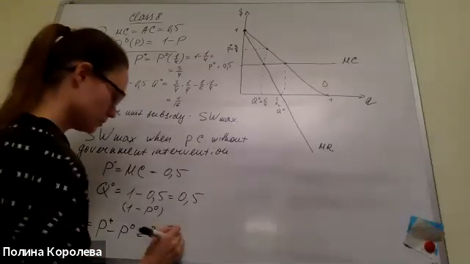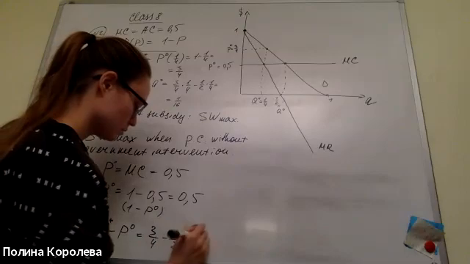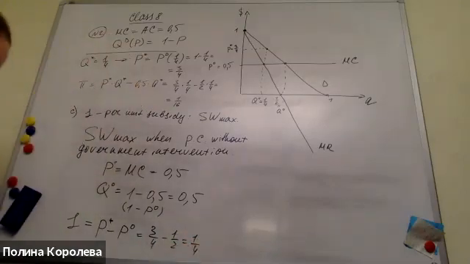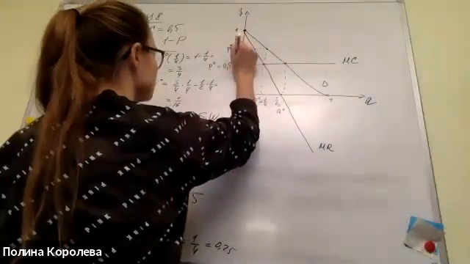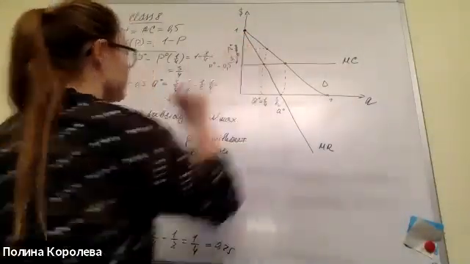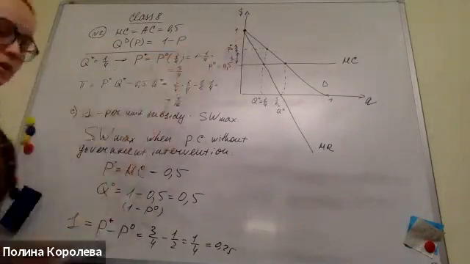So it's 0.75 minus 0.5, minus 1/2. This is 1/4. So 0.25. We can show it: this difference will be the subsidy.